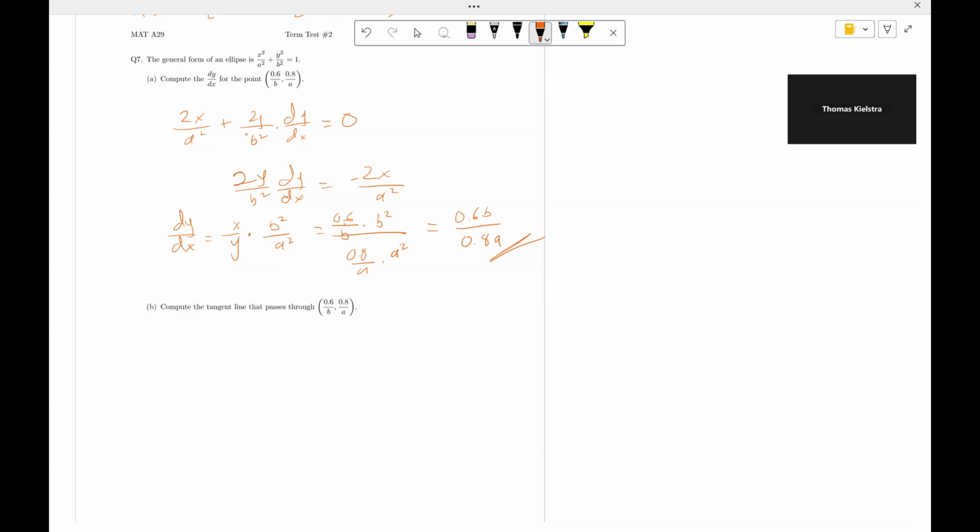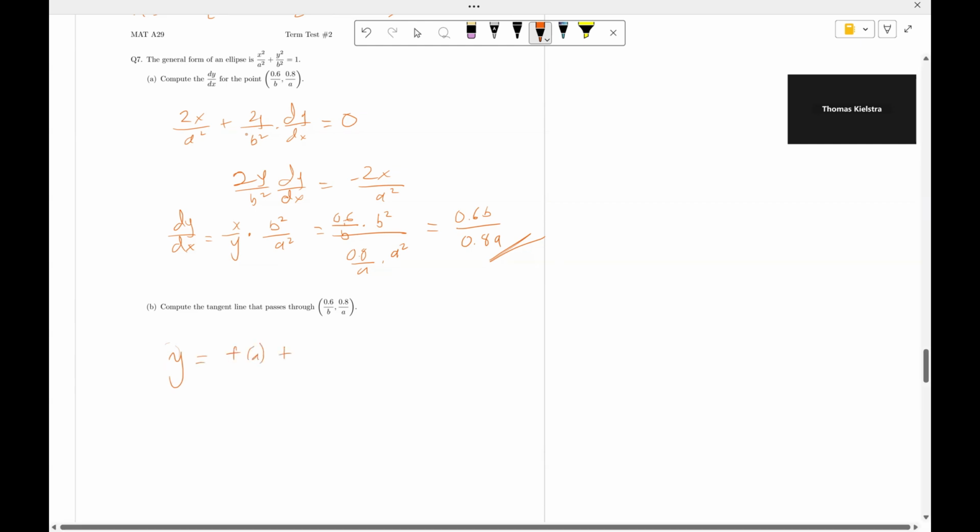Now we're going to look at the tangent line that passes through this point. And remember, the tangent line that passes through this point, y equals f of a plus f prime at a times x minus a. And remember, a in this case is 0.6 over b, and f of a in this case is 0.8 over a.